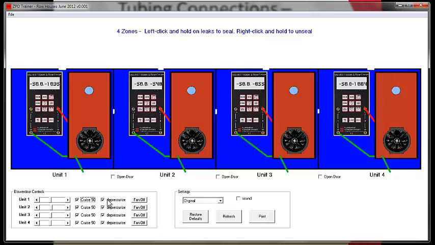It'll take a little while for that to settle out. Okay, that looks pretty settled.